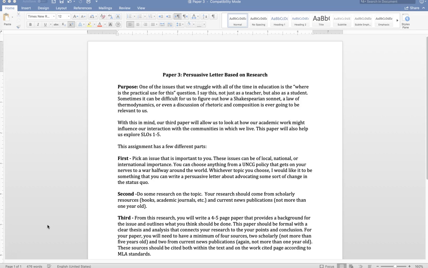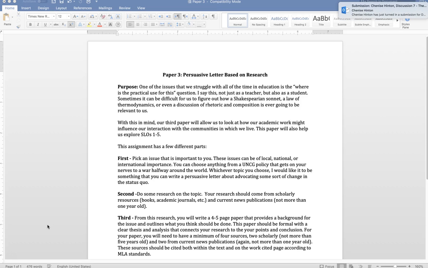But whatever topic you choose, I want it to be something that you can write a persuasive letter advocating for some sort of change in the status quo. So you're not just going to pick a problem and describe it. What you're going to be doing is picking a problem, researching it, and advocating for some sort of specific change.